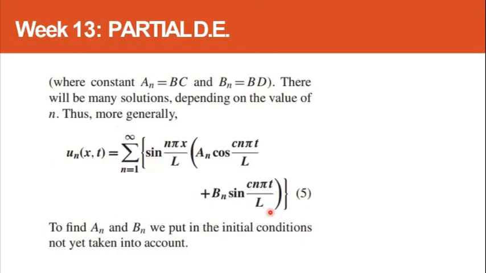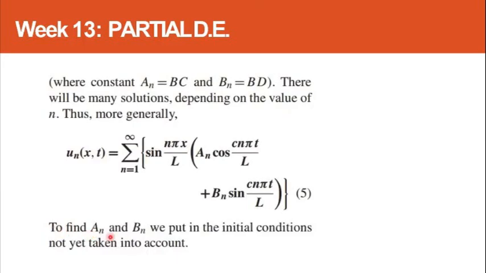We are going through the equations one by one because we will use them when we actually solve the PDE. So, we have here u_n(x,t) as the summation from n is equal to 1 to infinity, times sin(n pi x over L) times a_n cos(c n pi t over L) plus b_n sin(c n pi t over L).